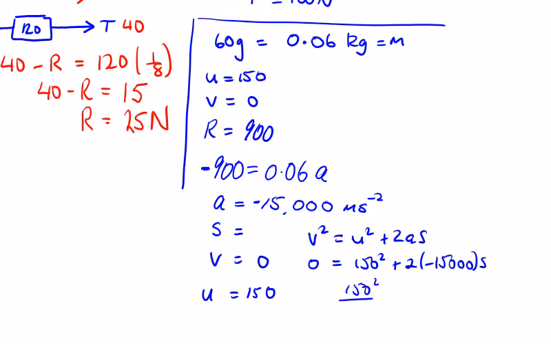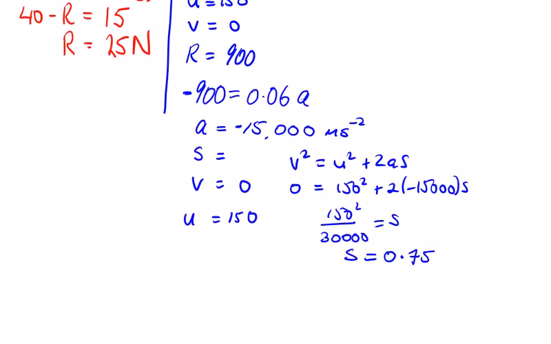So 150 squared divided by 30,000 is equal to s. So it's going to penetrate the wood 22,500 over 30,000. That's 0.75 meters or 75 centimeters.